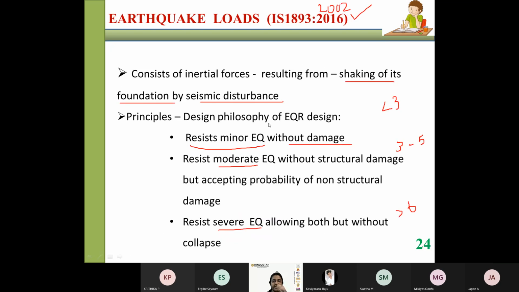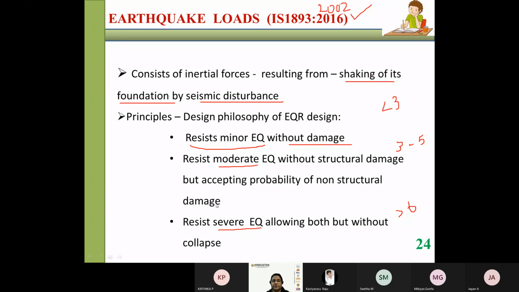Here, the design philosophy of earthquake resistant design, what we need to understand is, first, it has to resist a minor earthquake without any damage. When you construct a building, even if a minor earthquake comes, none of the structural elements should have any damage. Second, it has to resist a moderate earthquake without any structural damage, but accepting the probability of non-structural damage.